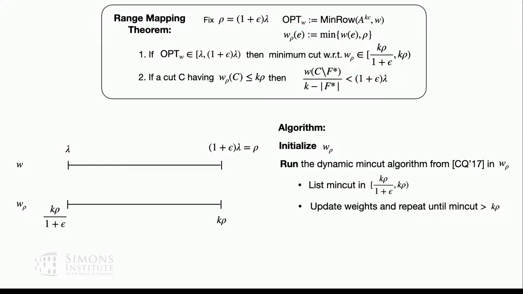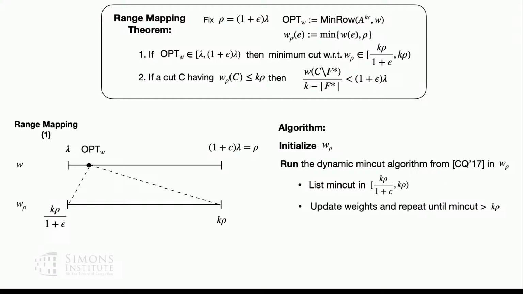The goal here is that we just keep listing the cuts in this range, because by the theorem, if we can list the cuts in this range, we are in good shape. We will be able to find the good cut, and then we keep updating the weight and repeat. So basically, it's almost a black box reduction with small control that we need to be careful about.